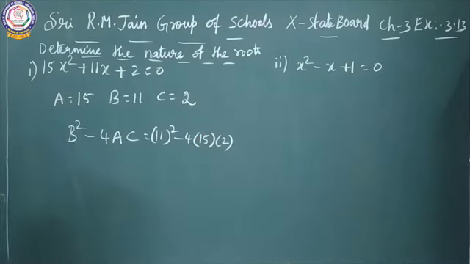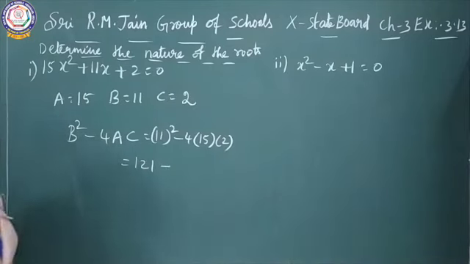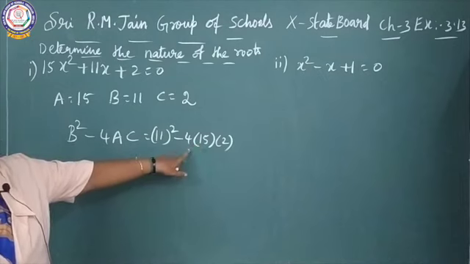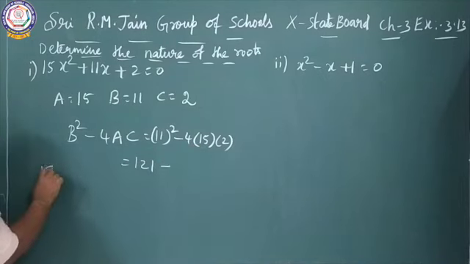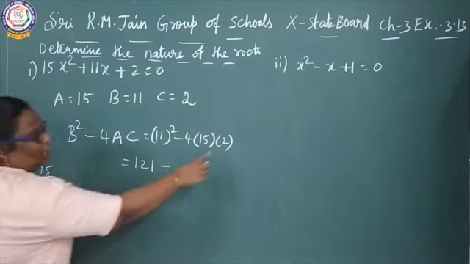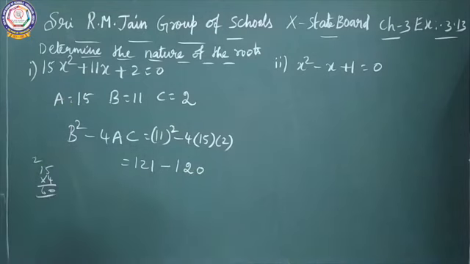That gives 121 minus, 15 fours are 60, 60 into 2 is 120.